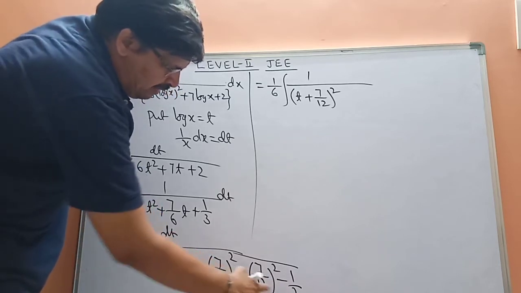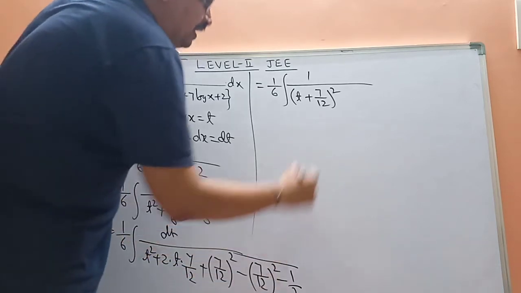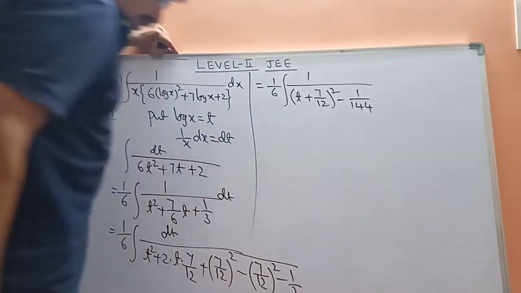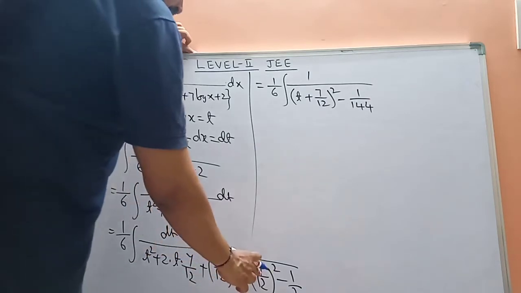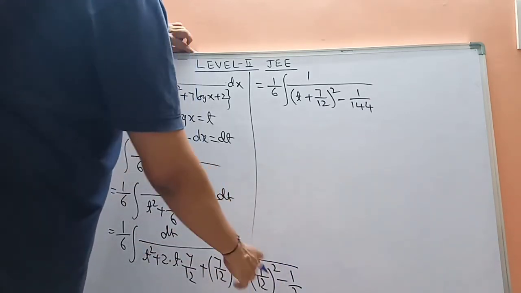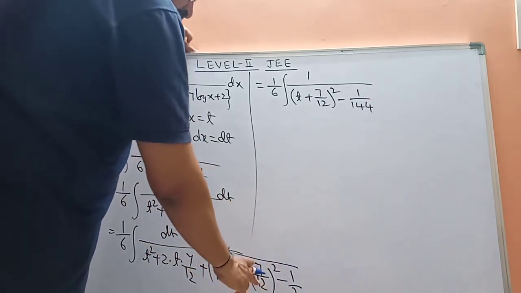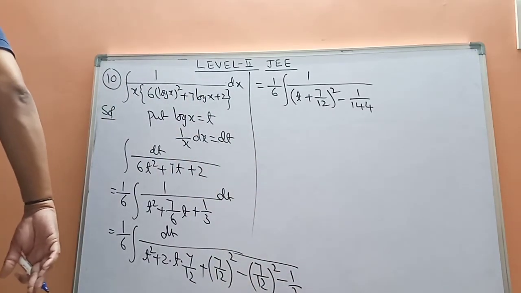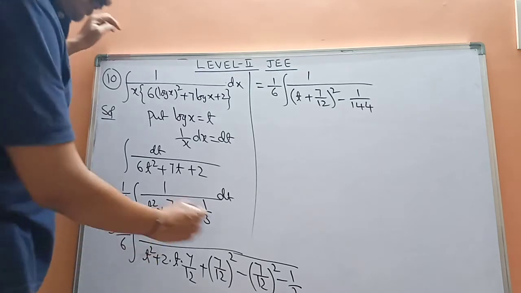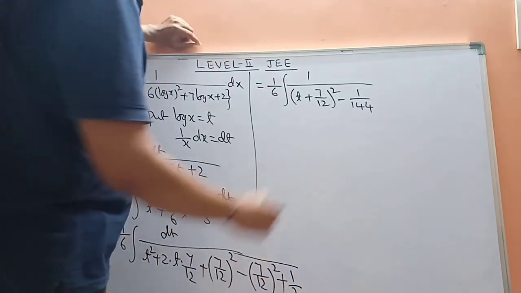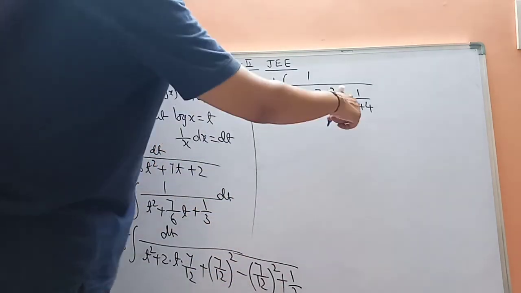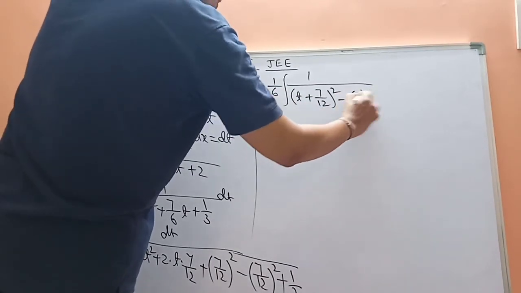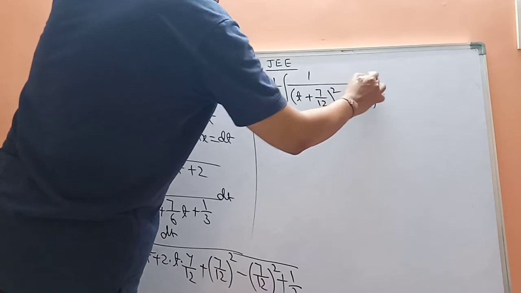Adding and subtracting, totally this value is 1 by 144. That is 49 minus 48 by 144, so 1 by 144, which can also be written as 1 by 12 whole square, into dt.